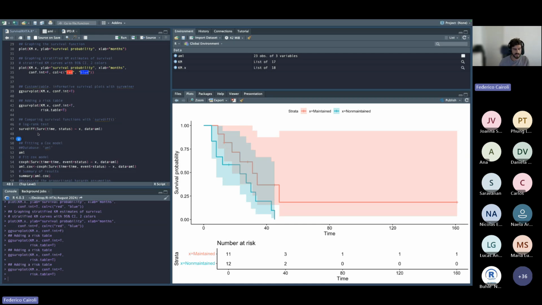This is to be sure whether there is a statistical difference between these two arms. To run this test, we run this survdiff function, and you can see that the structure of this function is practically the same as we have seen before. Time equal to time and event equal to status.